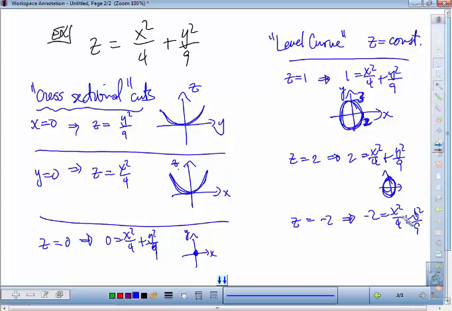Imaginary numbers. Nothing. So that means this surface, whatever the surface is, if you try to cut it with a plane z equal to negative 2 under the xy plane, you're not going to get anything, which means this surface does not exist down there.